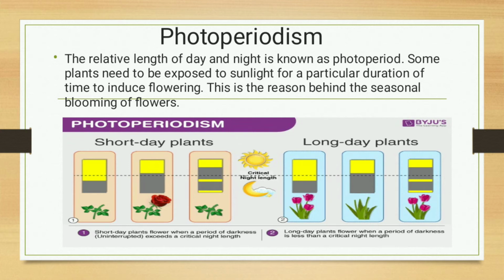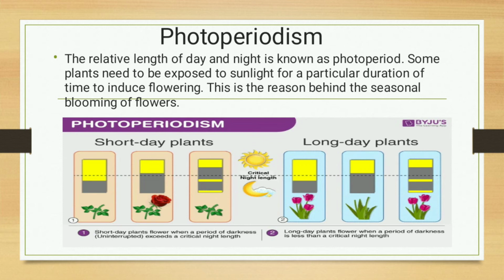In the third diagram, there is some period of light, some period of darkness, again some period of light, again some period of darkness. There also cannot be flowering. So, what is a short day plant? Plants that flower in a low period of light and more period of dark.